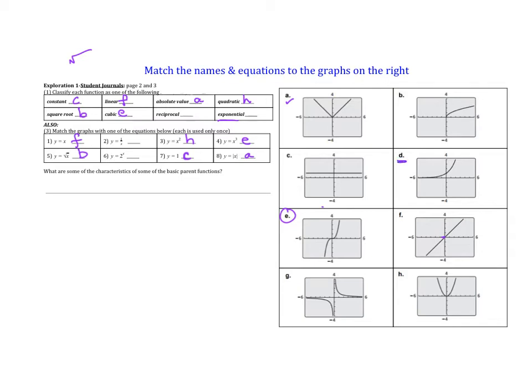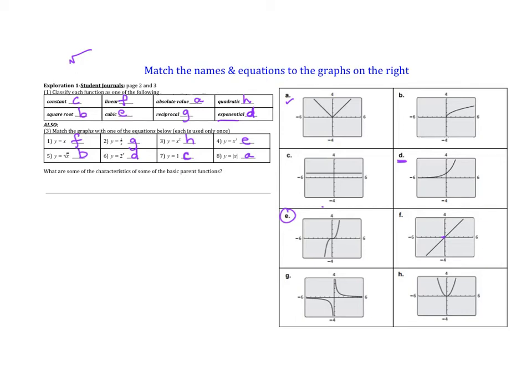That is going to be letter D here. So maybe if you had some chemistry or some science, we talk about exponential growth, it looks something like this. So letter D, and that equation is number 6, 2 to the x, where the variable is in the exponent. And then the reciprocal function is the last one. That is G right here, all the way at the bottom. And then the last equation is 1 over x.